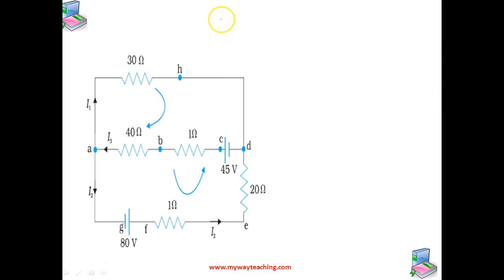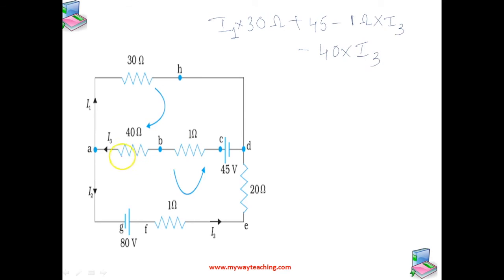If I take I1 into 30 ohm plus 45 volts minus 1 ohm into I3 minus 40 into I3.